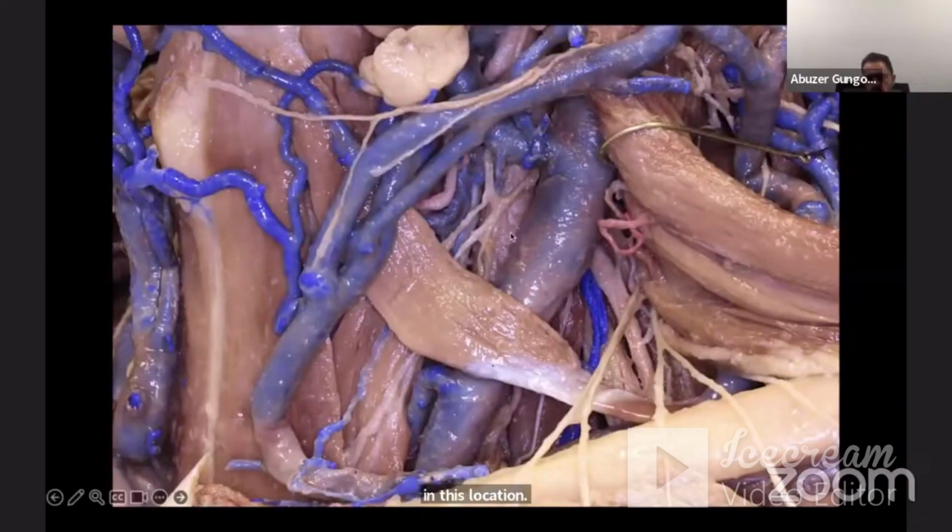This is a close-up view of this dissection in which we can clearly see the omohyoid muscle, the sternocleidomastoid muscle that has been retracted as well, and all the venous anatomical structures that are surrounding these muscles of the neck, which are the anterior jugular vein, the external jugular vein, and the internal jugular vein.